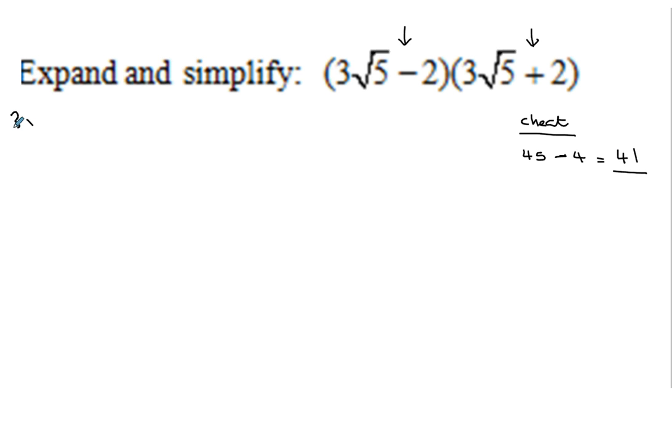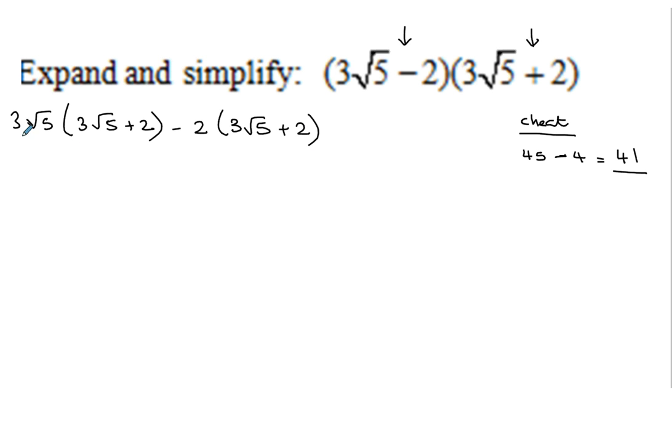So we've got 3 surd 5 multiplied by 3 surd 5 plus 2, minus 2 times 3 surd 5 plus 2.